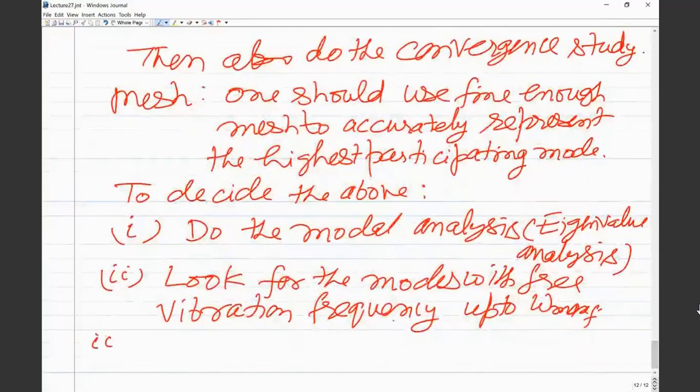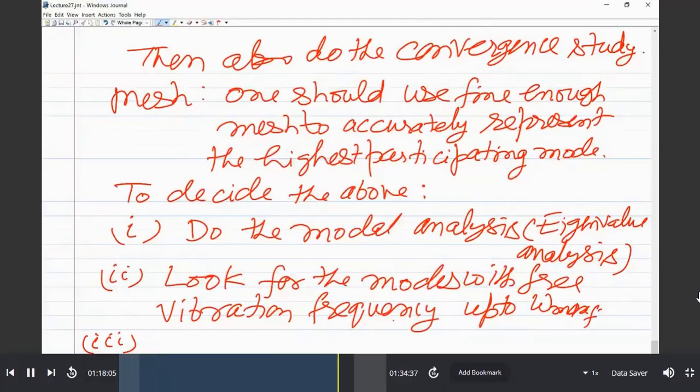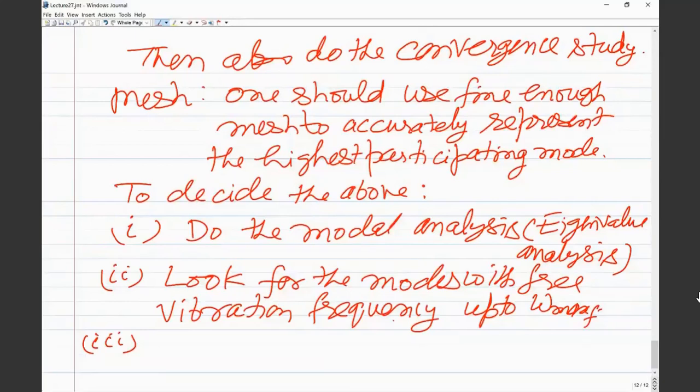So now once you do this, you know which modes would participate in the response. And then you have to refine the mesh in such a way that the natural frequencies up to omega max F do not change with further refinement or further decrease in the element size.